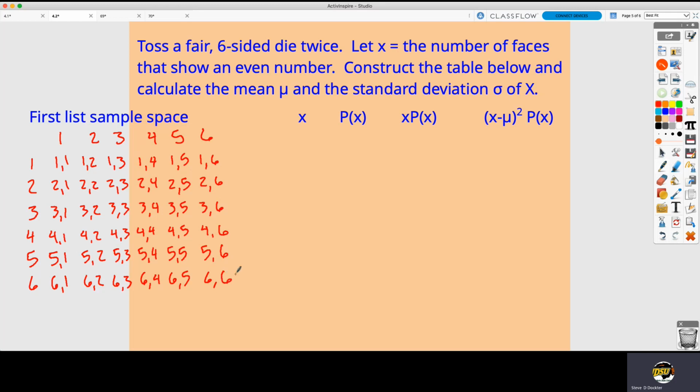All right, so there's all of our different possibilities there. How many total do we have there? 36. We're going to need to know that number in just a little bit here.